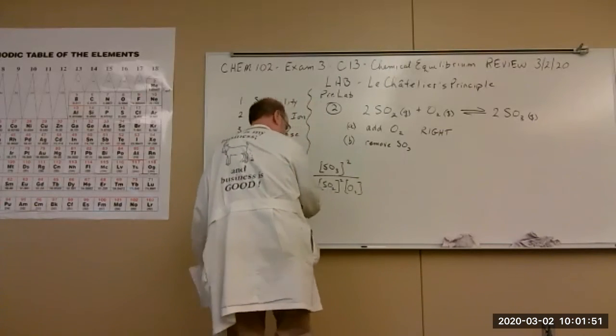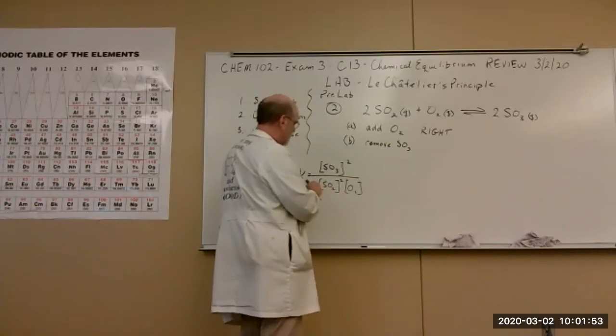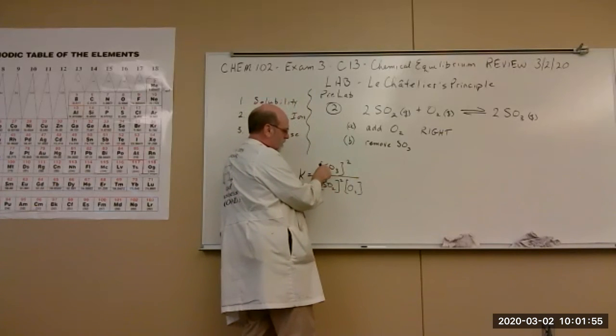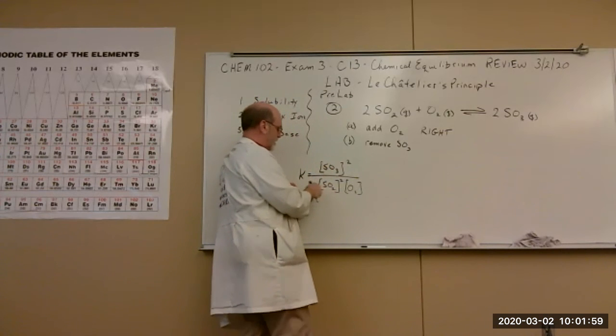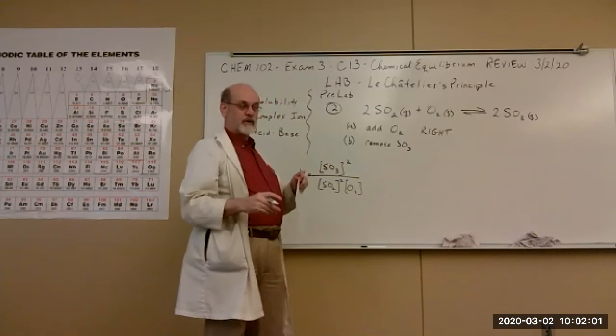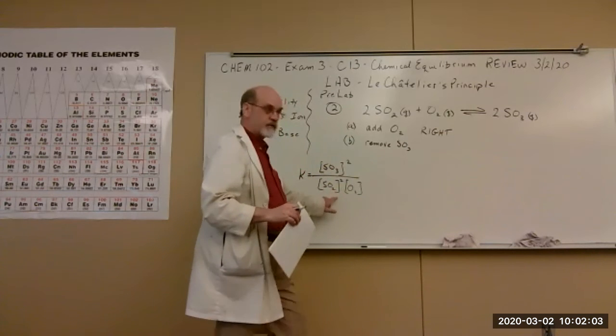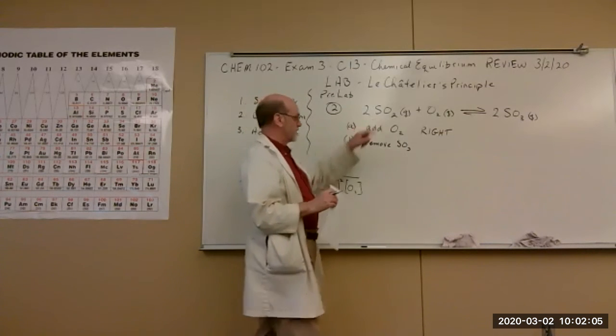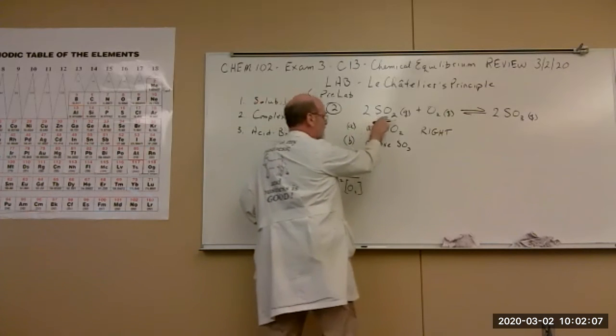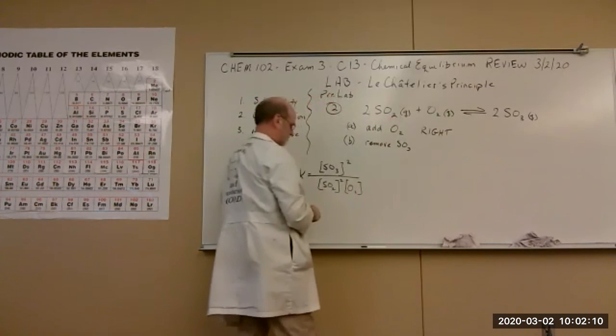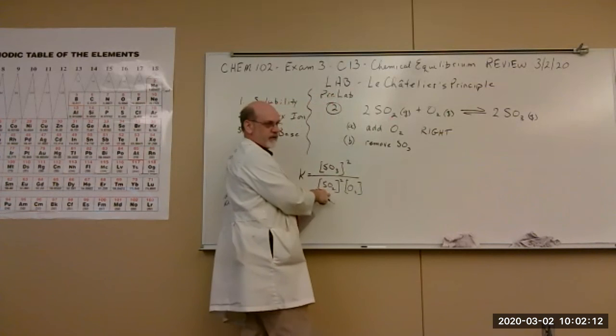All right, if that's constant, and you decrease this, what happens? What has to happen to that to keep this constant? Right, this has to decrease also. If you decrease this, you've got to decrease that.